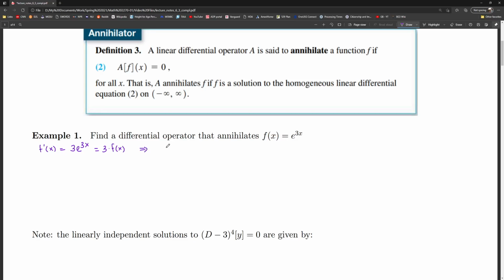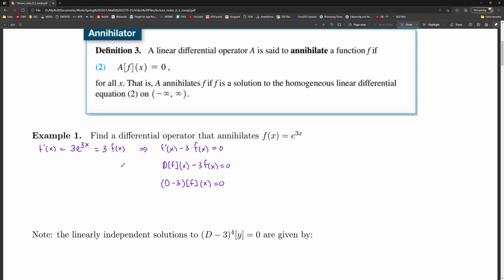So that means that f prime of x minus 3 times f of x is equal to 0. And in operator notation, we can write that as D of f of x minus 3 times f of x equals 0, and we can combine that as follows: D minus 3 acting on f of x equals 0.